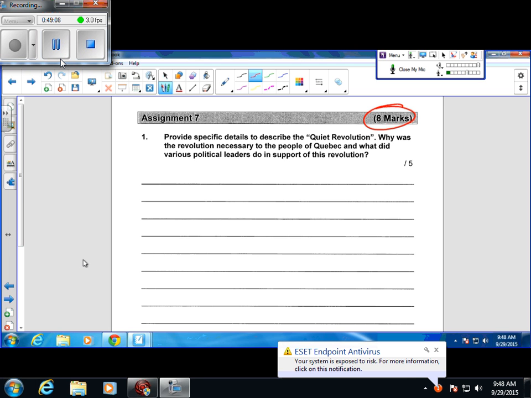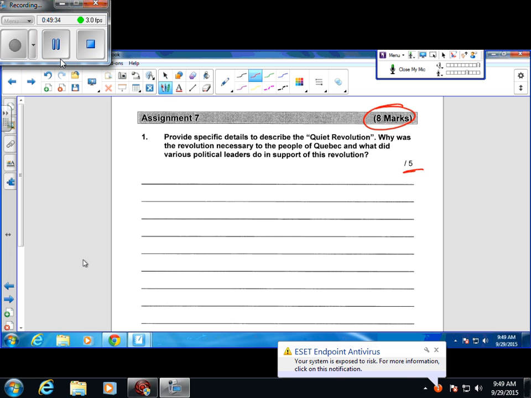Ooh, big question, 5 marks. Why did people, the French and English-speaking Canadians, want to have a revolution in Quebec? What made them want to start this change?